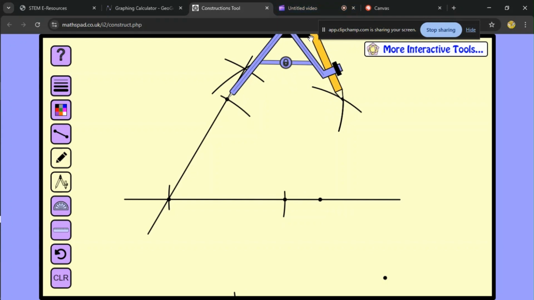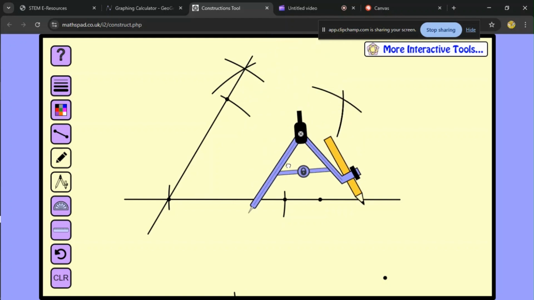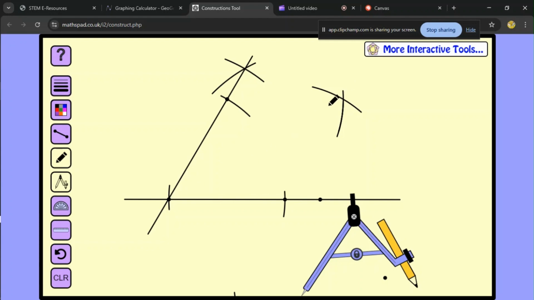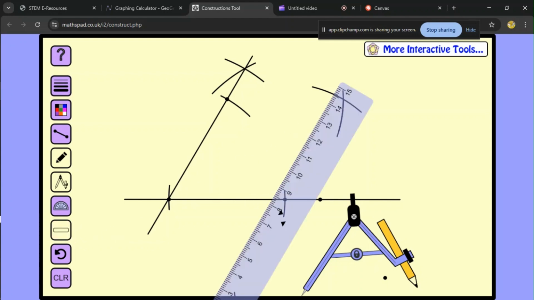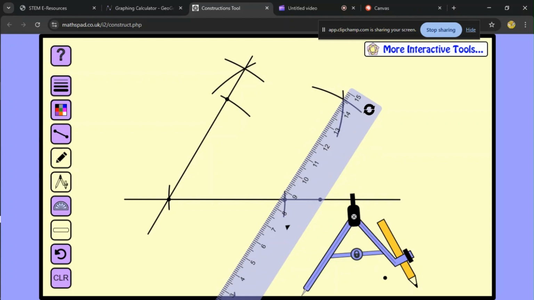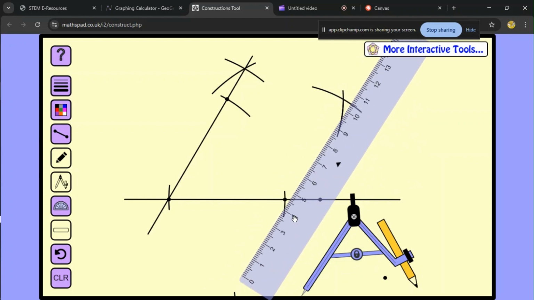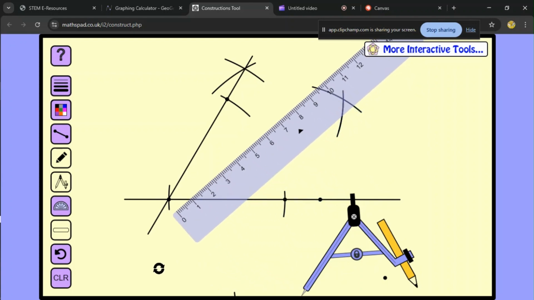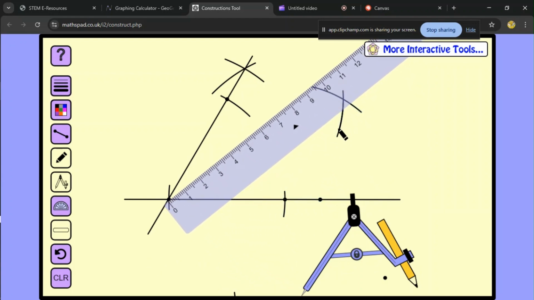I don't know whether mine is visible enough, but I put a mark on these two sides. Good. Then I remove my compass like that. I join these two using my ruler. The ruler is here. So I join the two points like that.